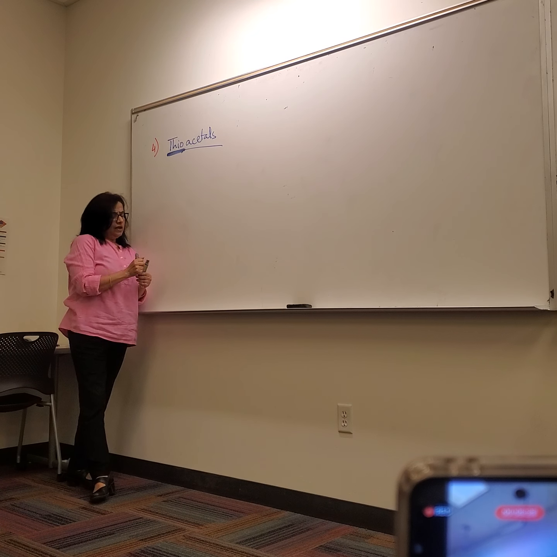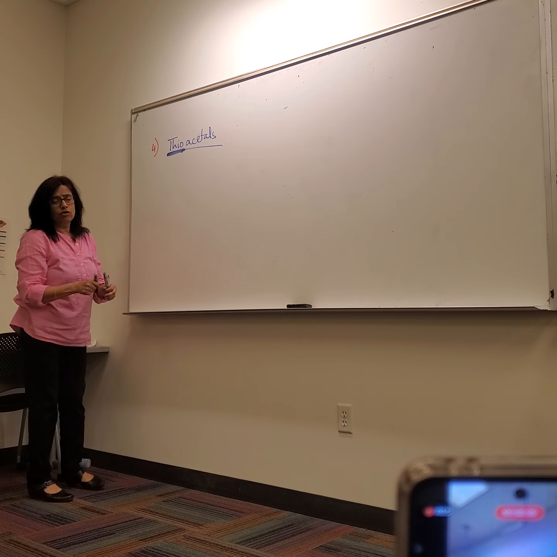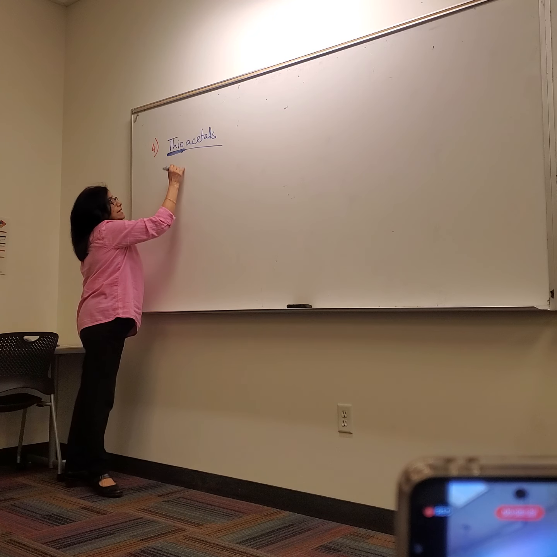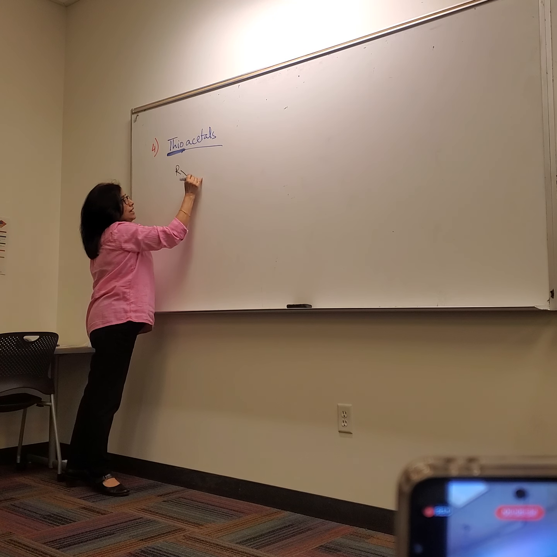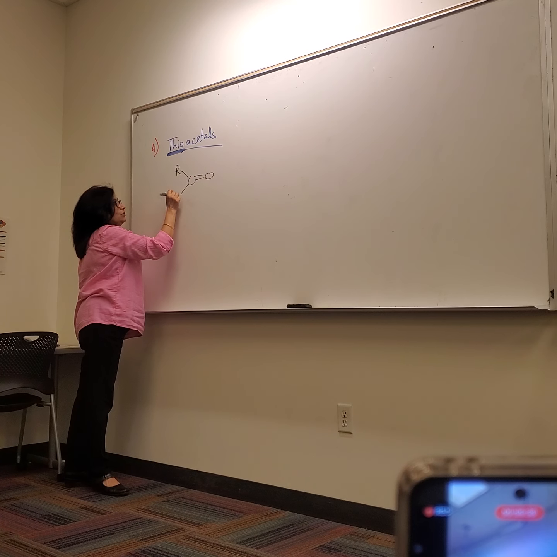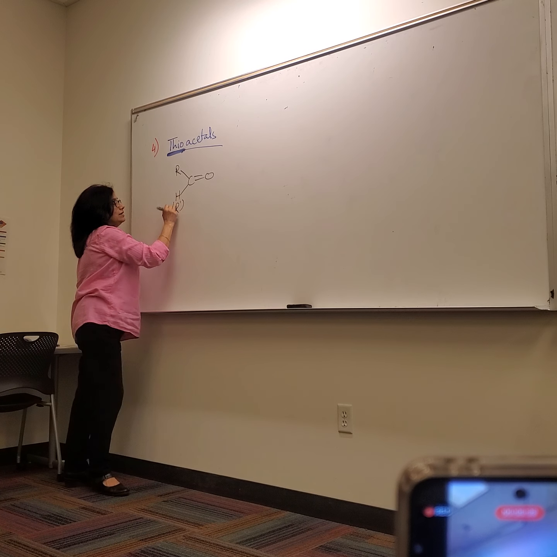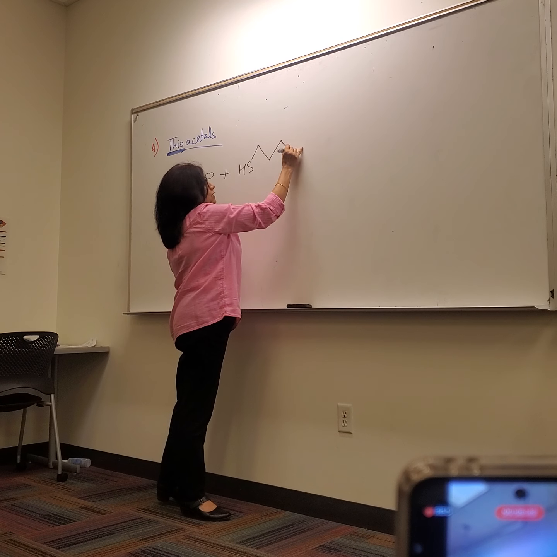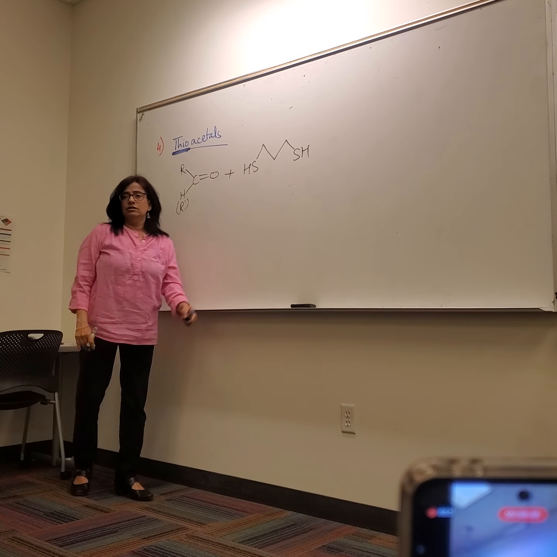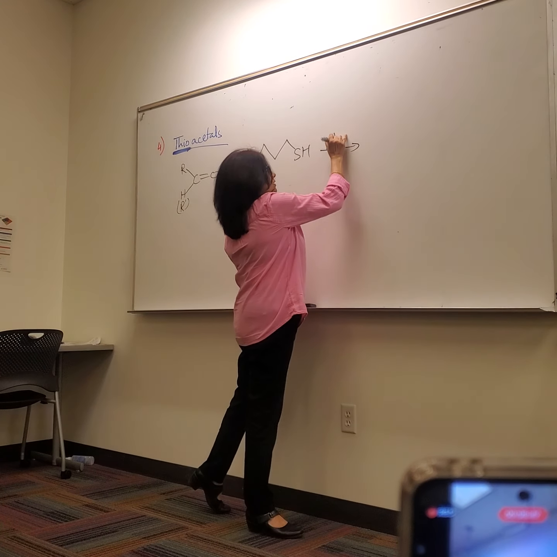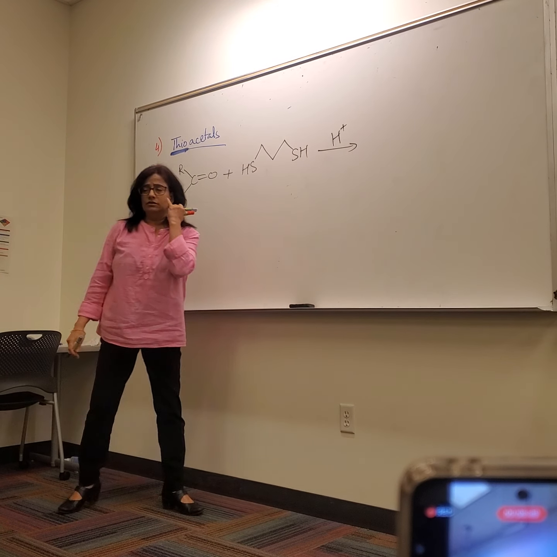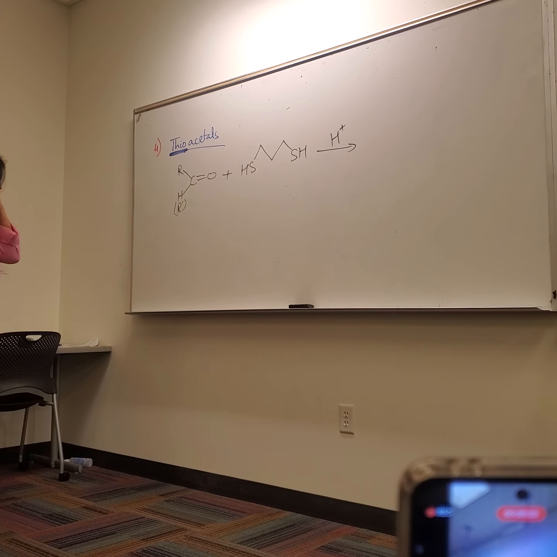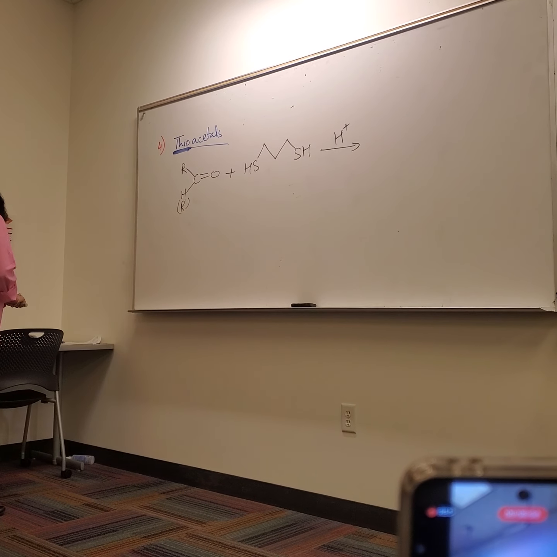Okay, so this one we've seen before; we're just looking at it again. If you have an aldehyde or a ketone and we react it with, instead of a diol, a dithiol in the presence of an acid catalyst, what would that create?